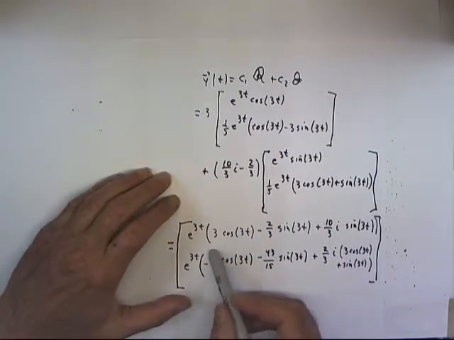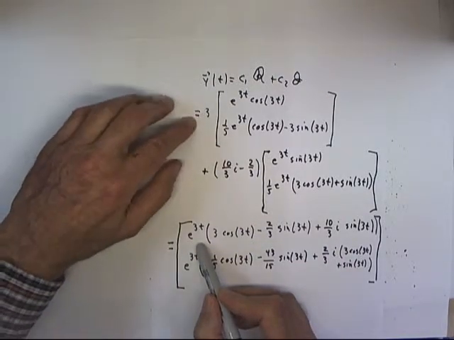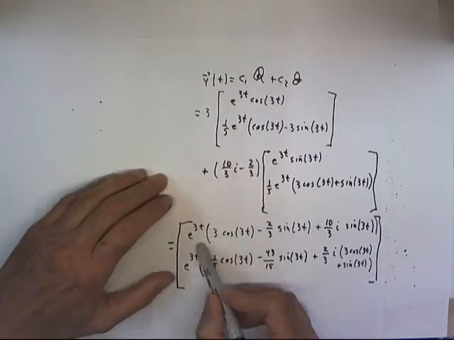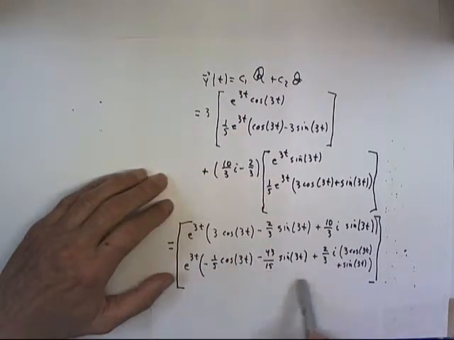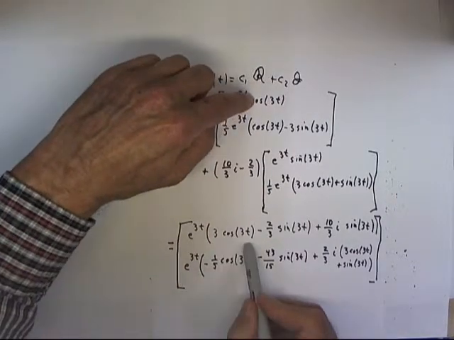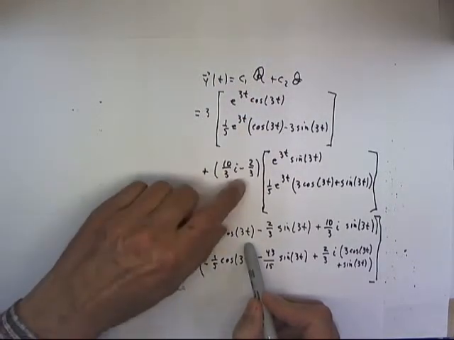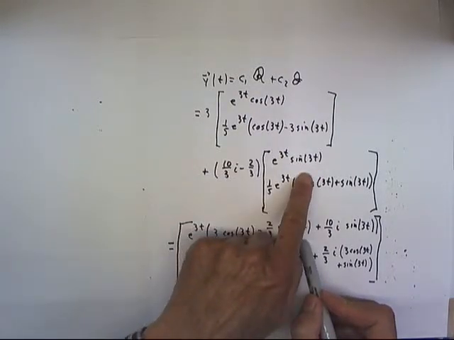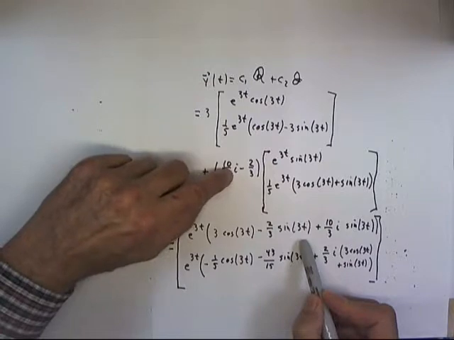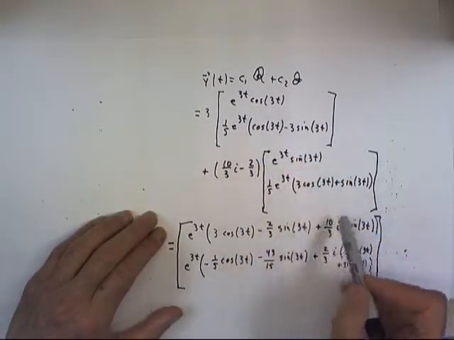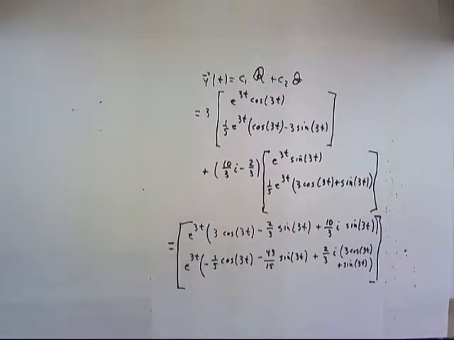Okay, multiplying through by 3 here, we get 3. Every term has an e to the 3t, so I simply factor that out in every case. So we get 3 cosine of 3t, negative 2/3 sine of 3t, and then a 10/3 i times the sine of 3t. So our first component comes out in a very straightforward manner.